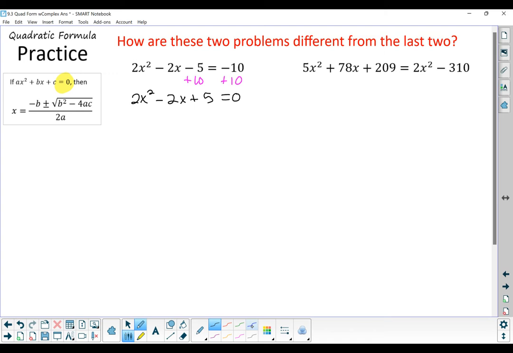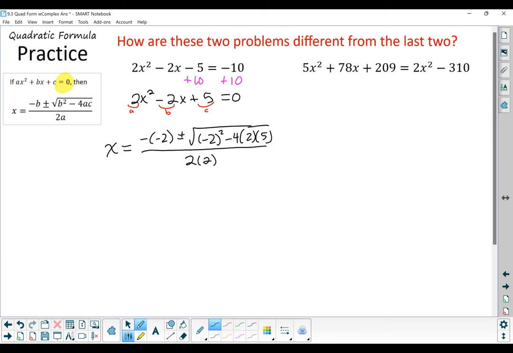So if we can identify our a, b, and c values, we can use our quadratic formula now. So we get x is equal to negative negative 2 plus or minus the square root of negative 2 squared minus 4 times a times c, and that's all divided by 2 times a. So simplifying a little bit, we've got a positive 2 on the top and we've got a 4 on the bottom.